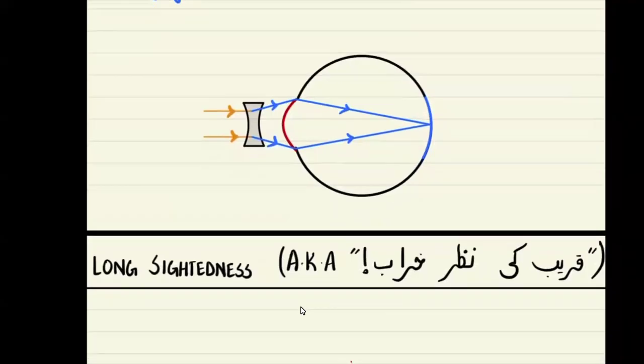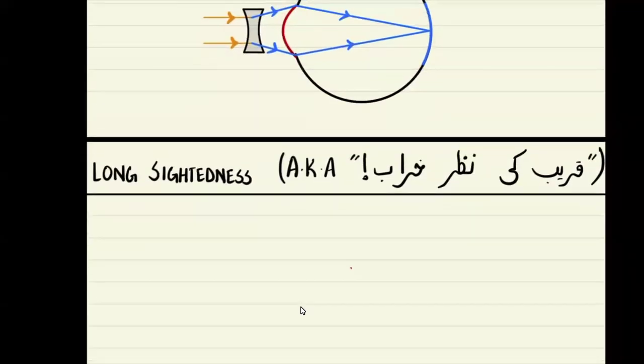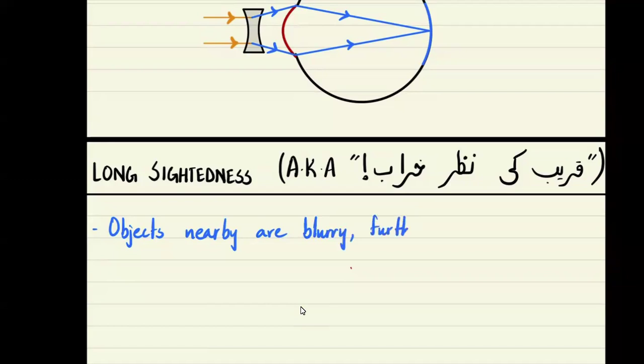Similarly, for long-sightedness, which means karib ki nazar kharab hona, this basically means that you cannot see objects nearby, but objects further away are fine. So objects nearby are blurry, and objects further away are visible.